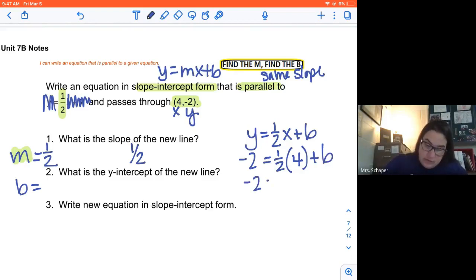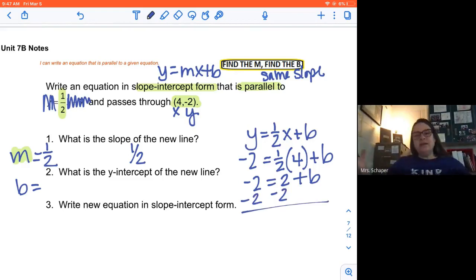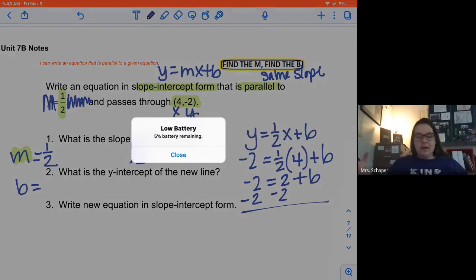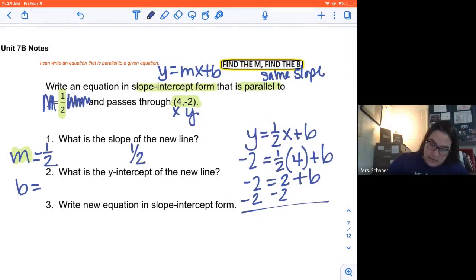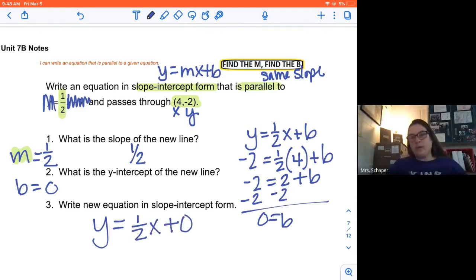Negative 2 equals 2 plus b. So this is all pulling together, equation solving, simplifying, all of that is coming together. So we get that b equals 0. So now I have that my y-intercept is 0. So slope-intercept form is y equals 1/2 x plus 0.